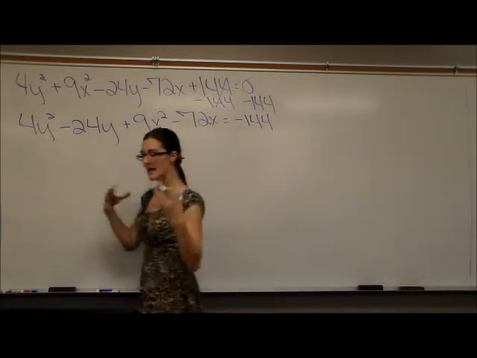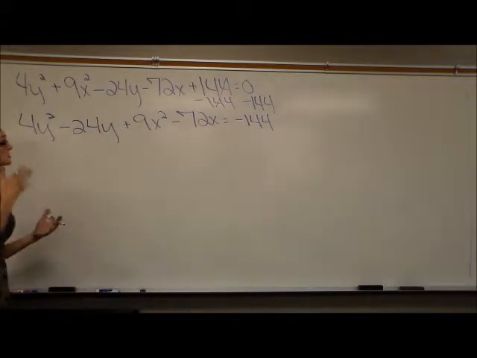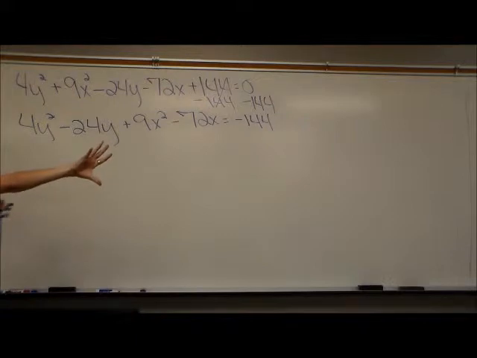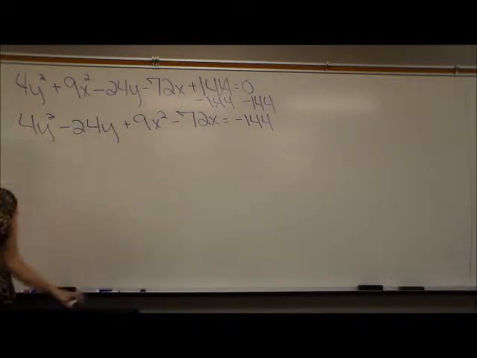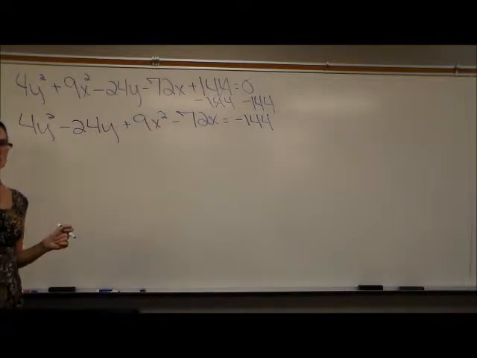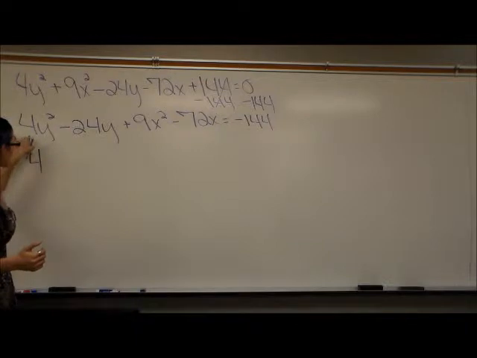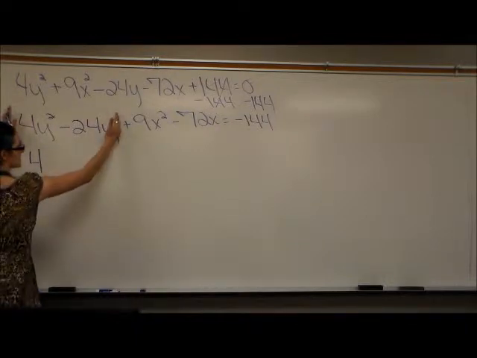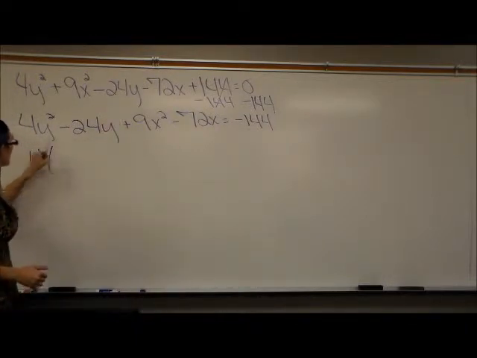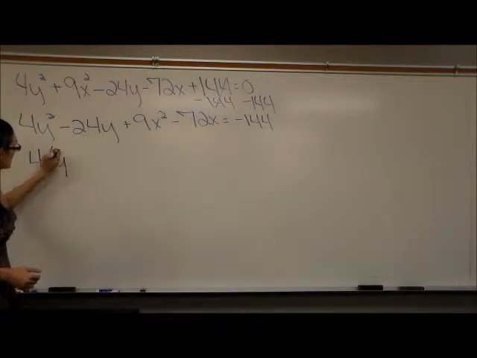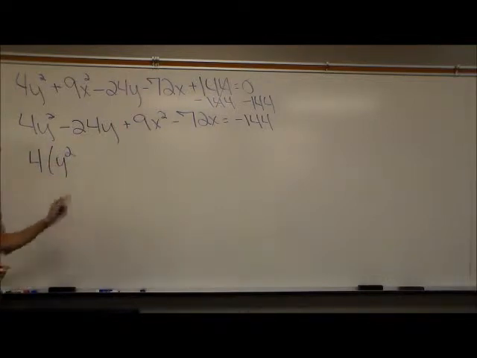Okay. Now to complete the square, you need to make sure your squared term is all alone. If you can divide everything and get rid of the pieces in front of both squares, do it. Here, 4 and 9 are not divisible by each other. So we're going to have to factor them out. So we're going to factor out whatever numbers with y squared just from those two pieces. Take a 4 away from y squared, divide it away, you're left with only y squared.